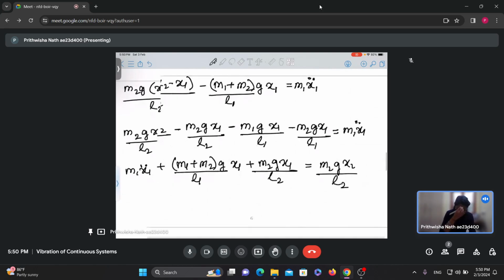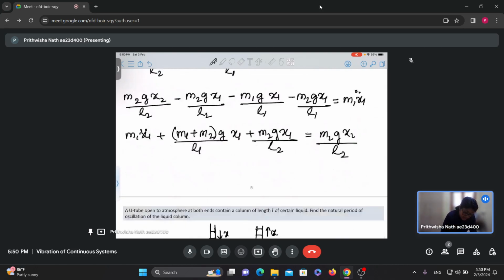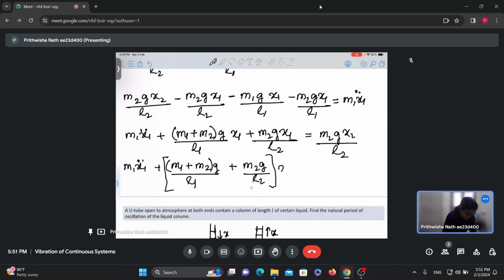Finally, rearranging this equation, this is the equation for the first mass. Now we write similarly the equation for the second mass.